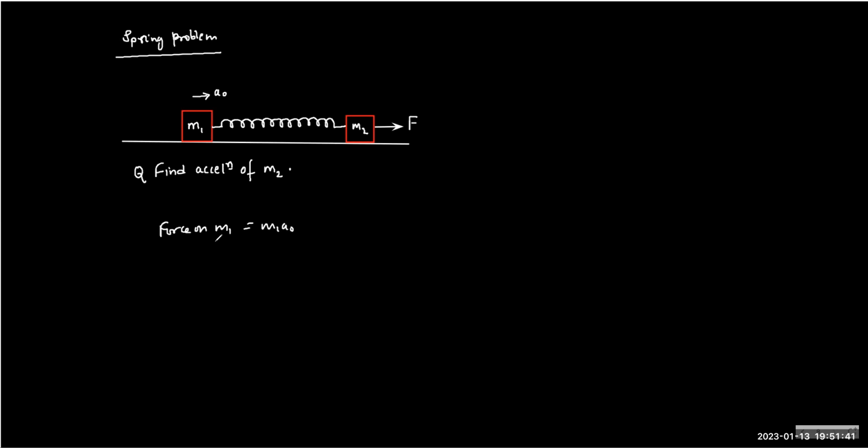So this is the spring force, and it is acting this way on M1, right? So if the spring force acts this way on M1, then how will the spring force act on M2? Tell me. The spring force on M2 will be right or left? Left. Very good.